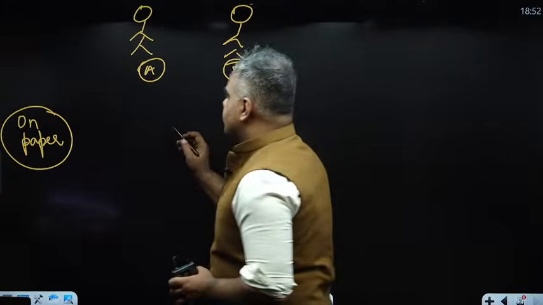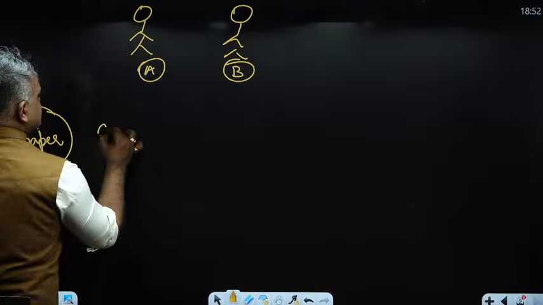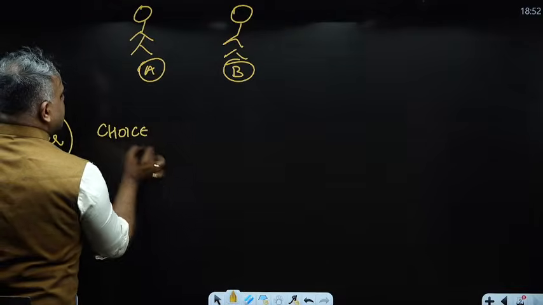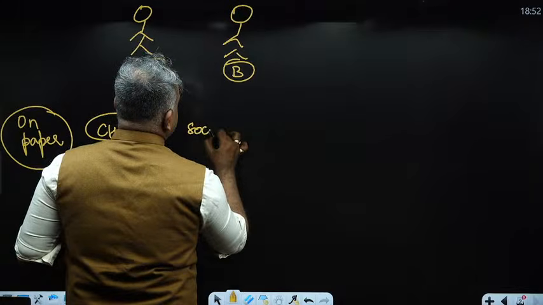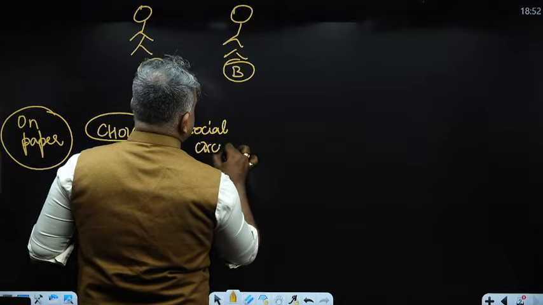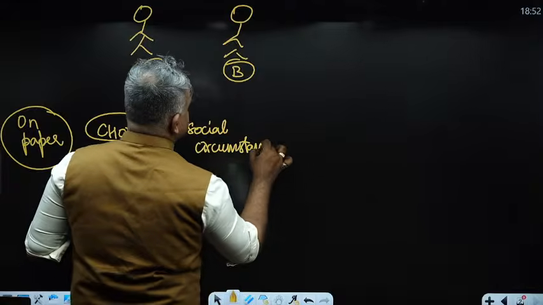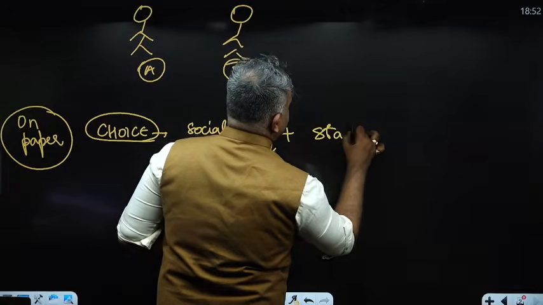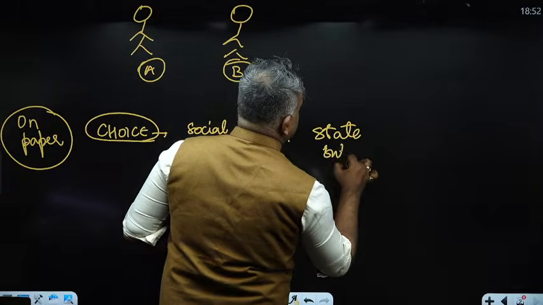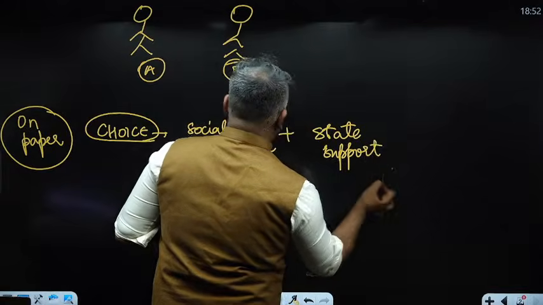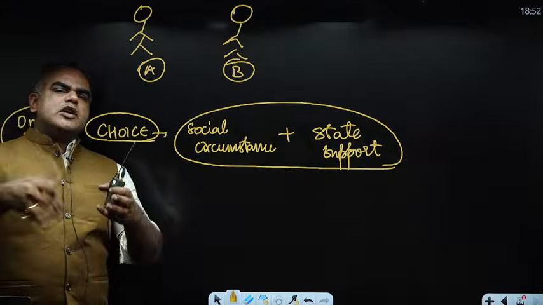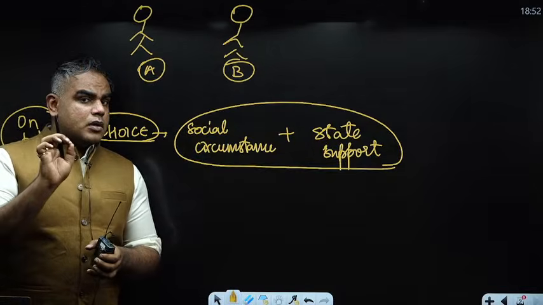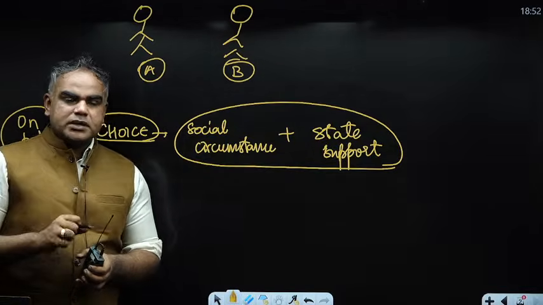Which means this choice, the freedom, is also dependent on their social circumstances plus the support of the state. Now I'm giving a new dimension to our discussion on freedom. Till now, what I was saying, you're free to express, do anything. Now, think of the social realities, right?